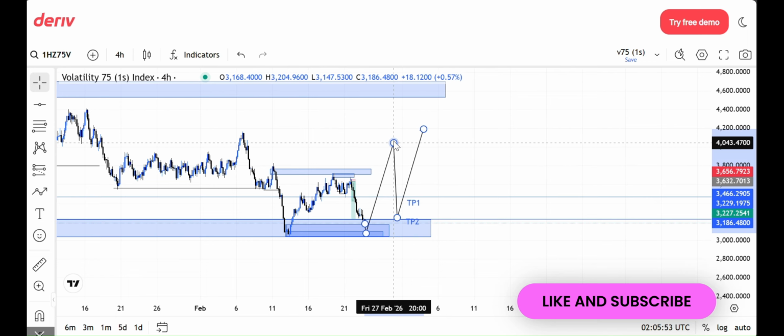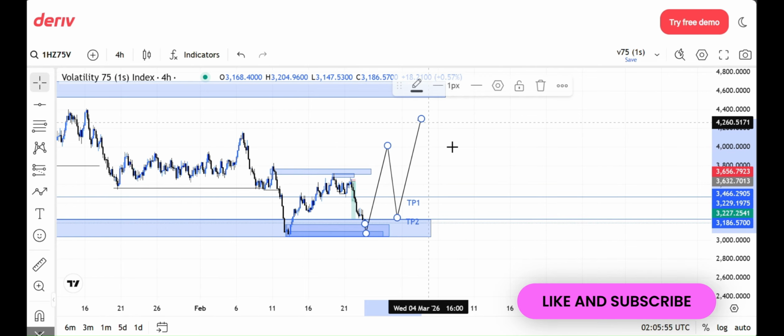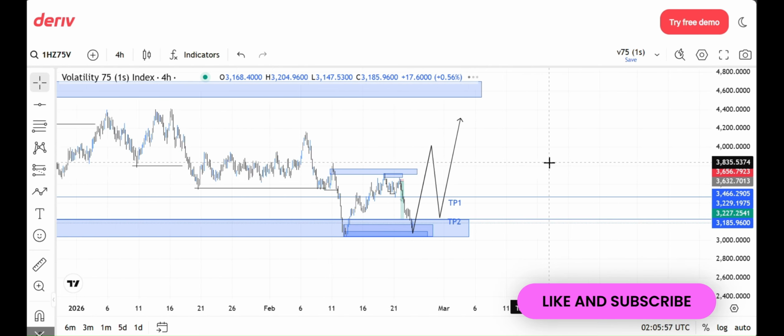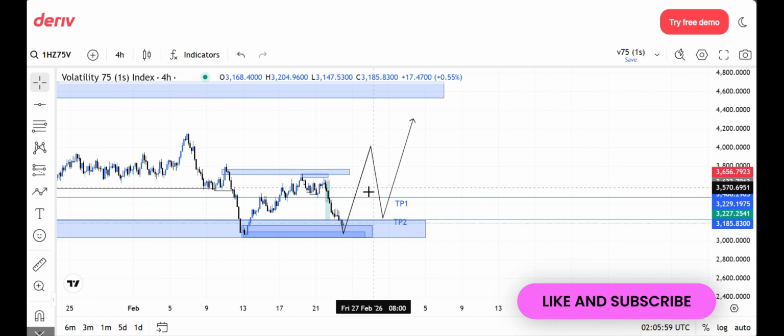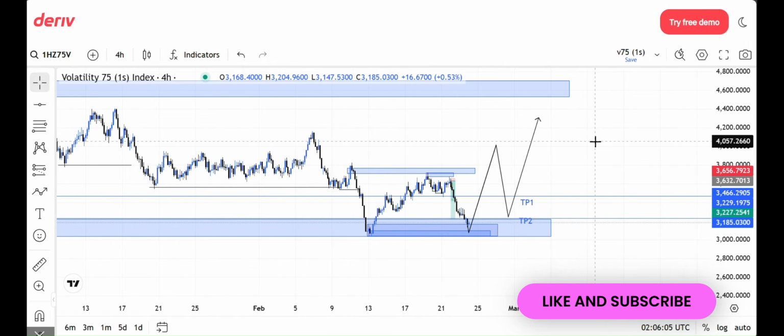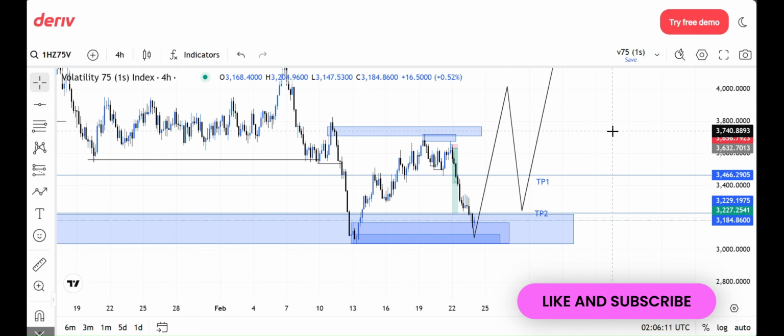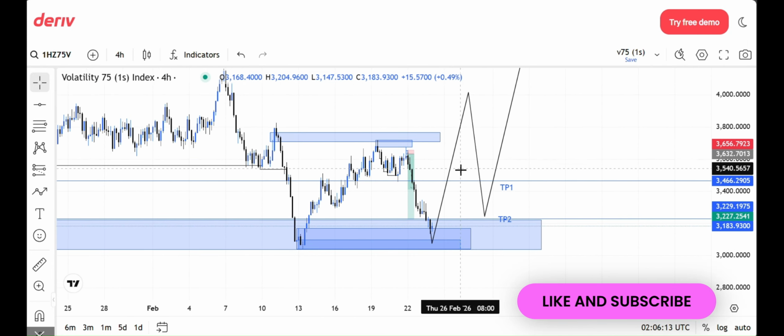This is the only reason we would be looking out for a bullish move. Aside from this, we should be looking out for the market to go down more, to sell more.